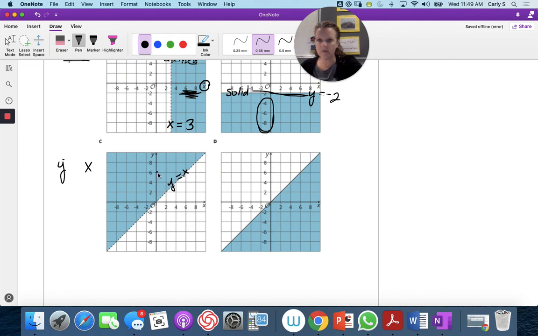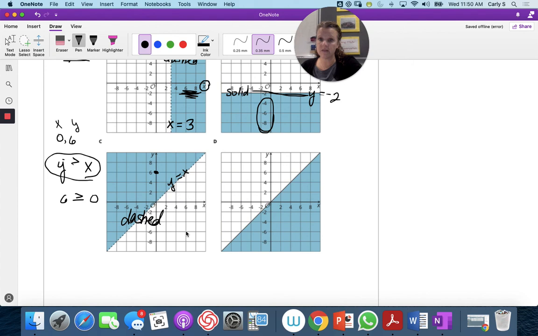So if I pick a point like 0, 6, and it's shaded, it needs to be part of the solution. 6 is greater than or equal to 0, and that's my y, x. So this should be a greater than or equal to. Ooh, I made a mistake. Just greater than, because we are dashed. So it's just greater than.